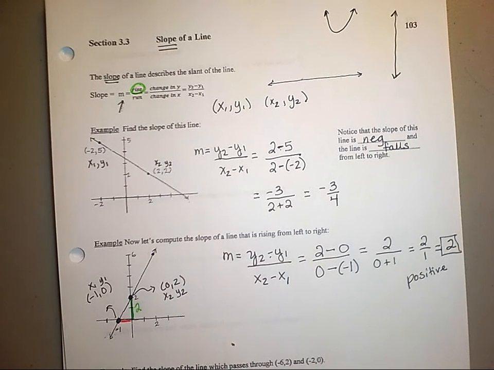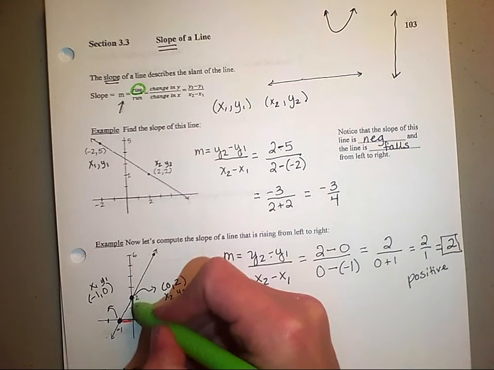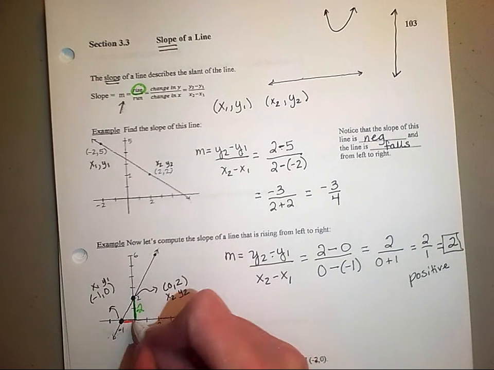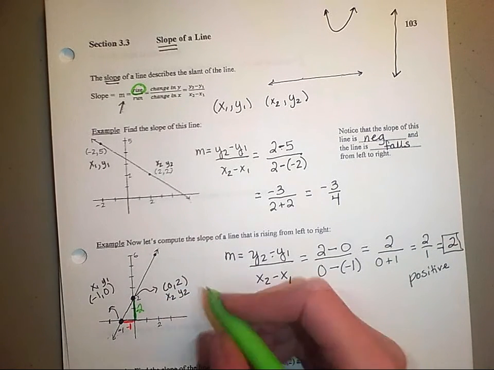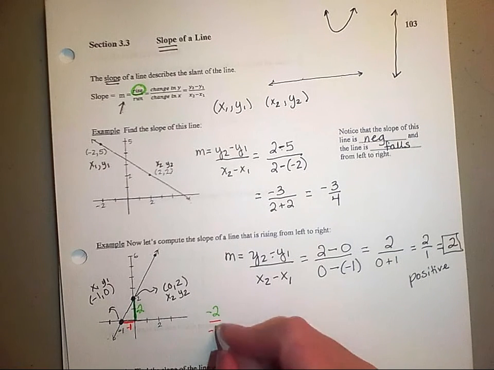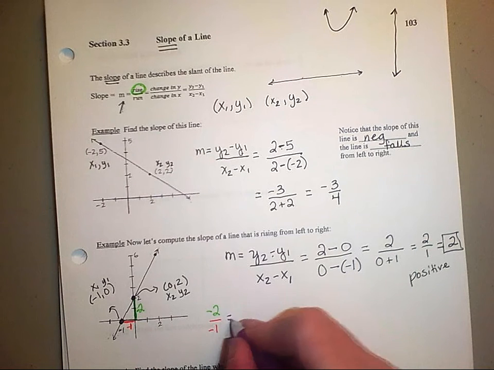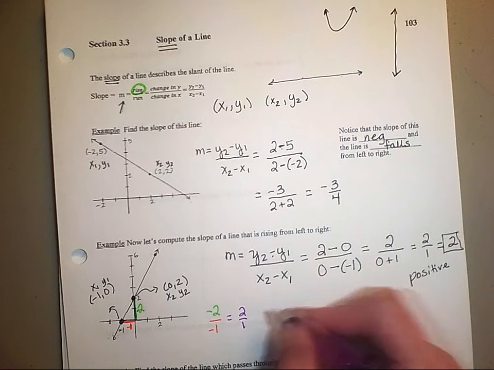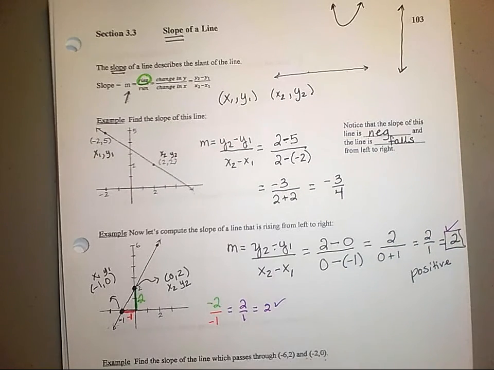If you think about it in terms of direction, I dropped -2 here, and then I ran -1 that way. So if we put the rise, -2, over the run, -1, when we reduce, the two negatives become positive, and we get 2 over 1, which is just 2. So it's the same thing.